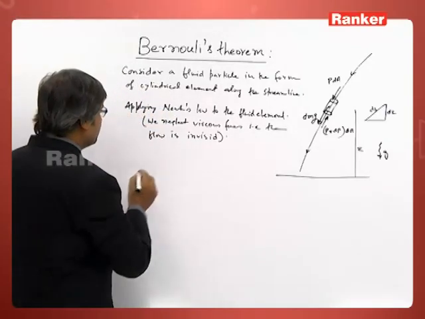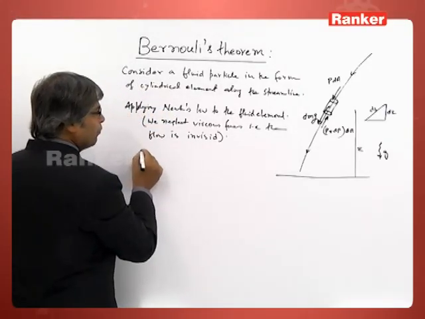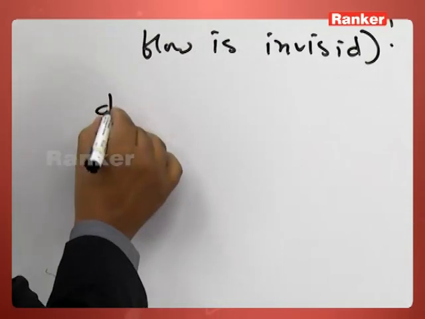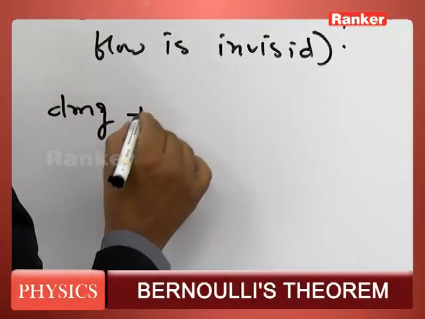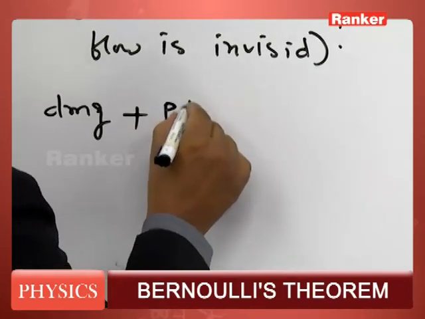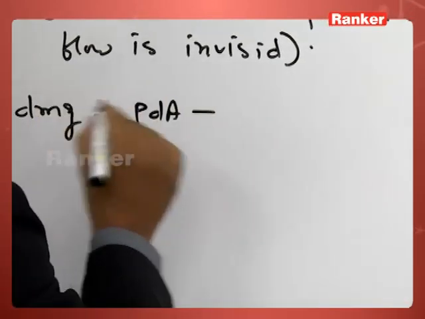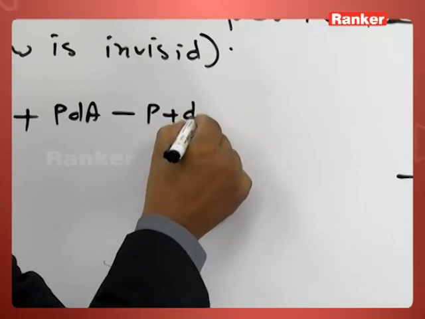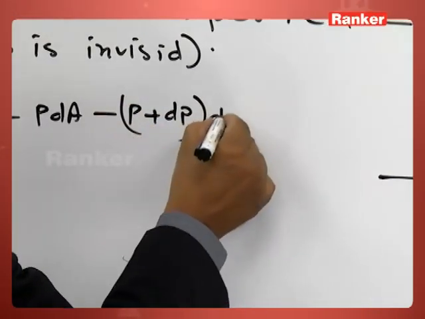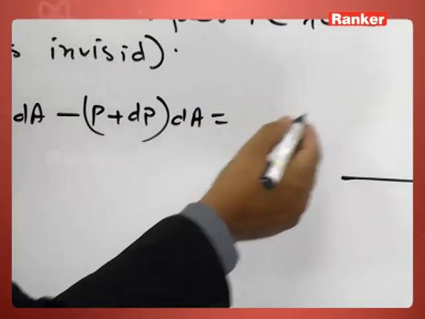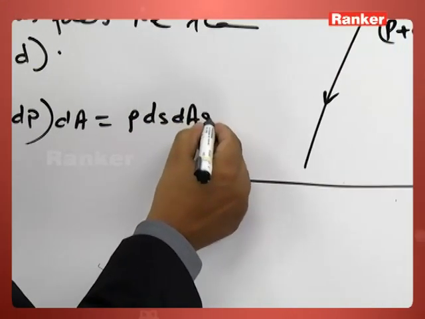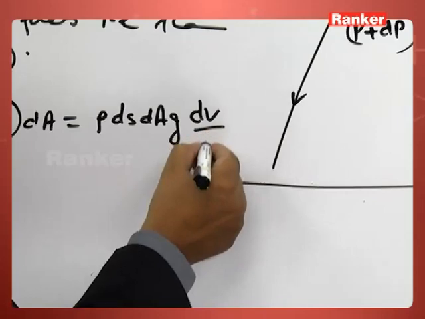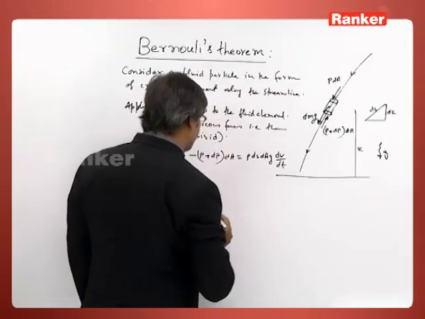So what are the equations? The total force downward is dmg plus pdA minus (p plus dp) into dA, which is equal to mass, rho ds into dA, into the acceleration dv by dt.